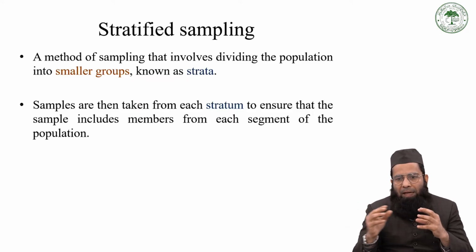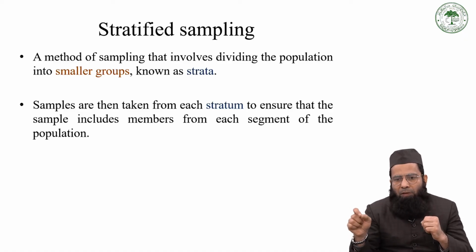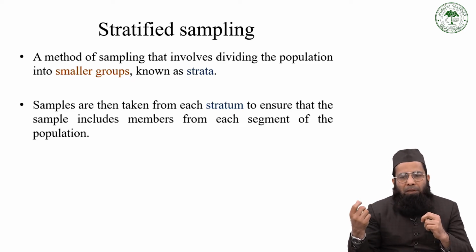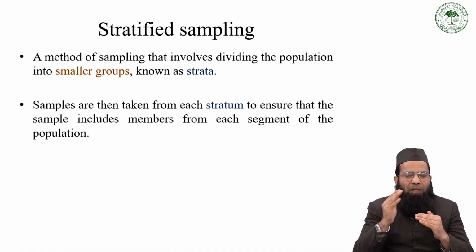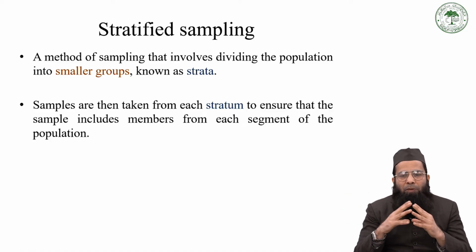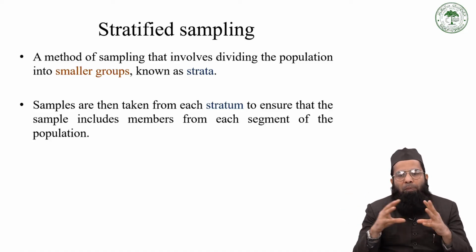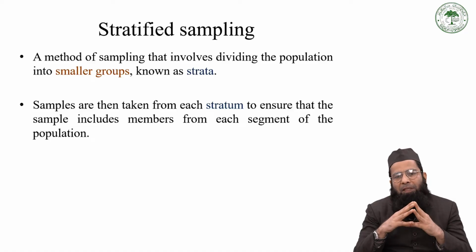So in this way, we can divide the whole population into different socio-economic groups, and then perform simple random sampling within each stratum, within each group. This ensures that students from all economic backgrounds are proportionally represented.